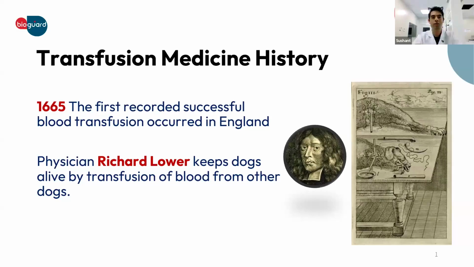The concept of transfusion in veterinary science started first in 1665, when Richard Lower, a scientist or a medicine practitioner, first did the successful blood transfusion in dog.